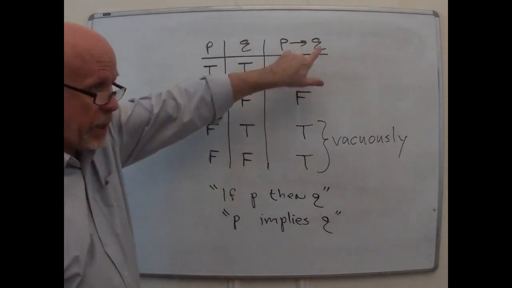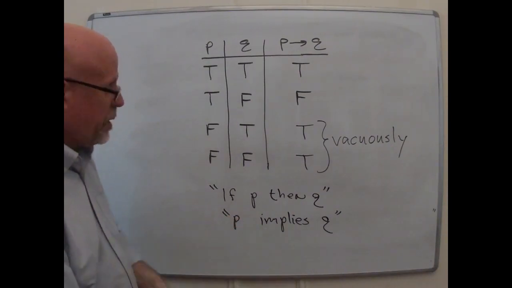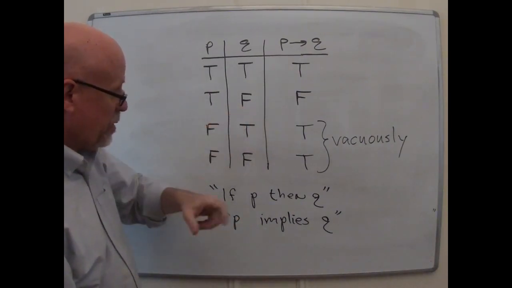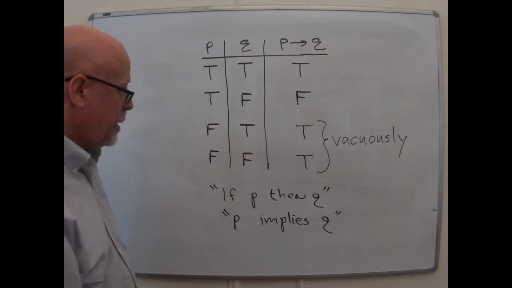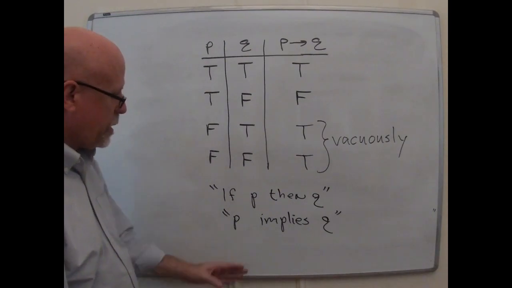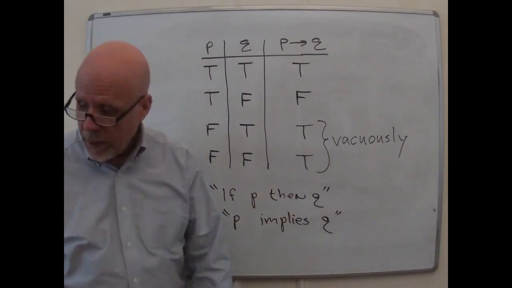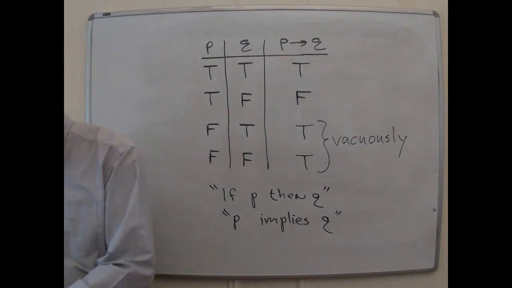They may not logically have anything to do with one another, but the world works this way. If this one's true and that one's false, the thing will be false. I think you can probably forget about that quibble and just say, yeah, replacing the arrow with the word implies will, 99% of the time, get the right meaning across.